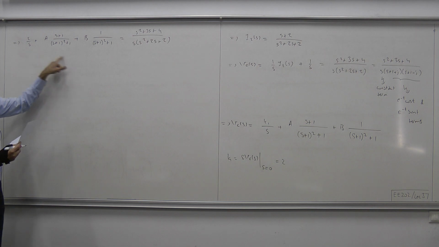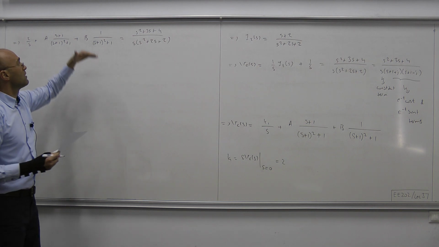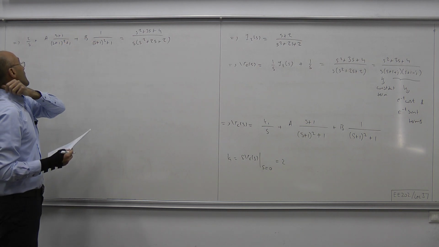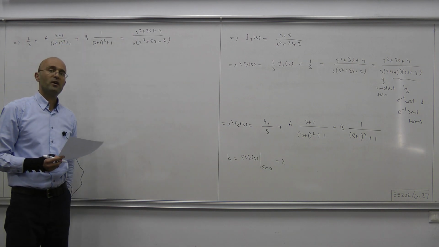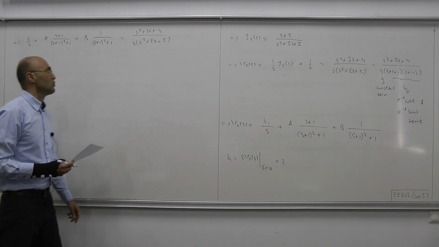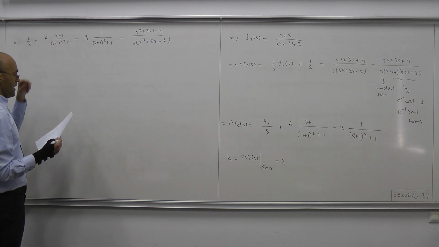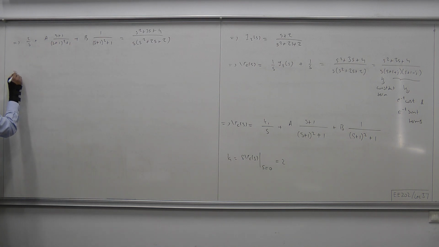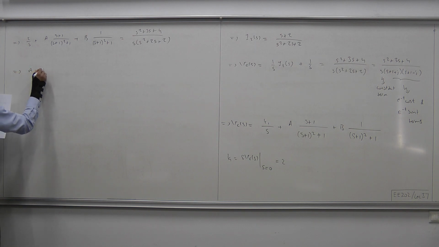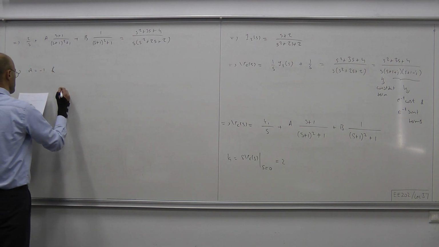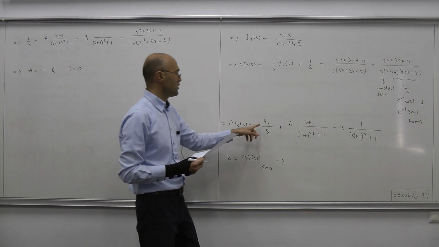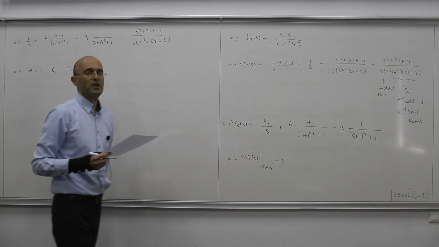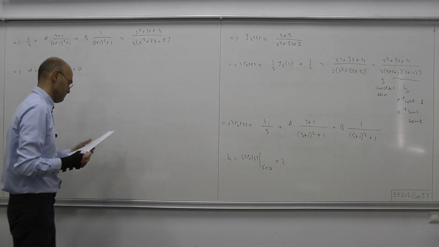Now, write this as a single fraction, and then equate the coefficients of the numerator polynomial, and then you will have enough equations to figure out A and B. And that produces A equals minus 1 and B equals 0. So now we know K1, A, and B. We can write the final answer.